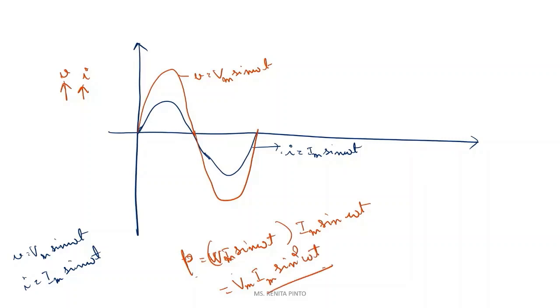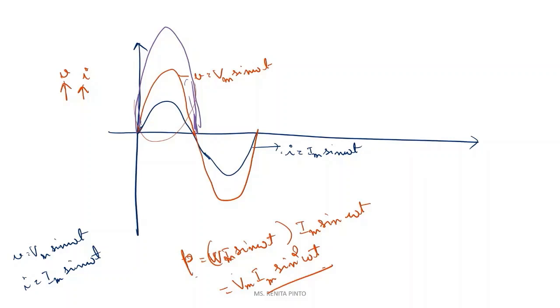So now the power we are going to find out is nothing but the product of the voltage and current. That means if you take the first half of the cycle, you can say this will be your power curve. Now again, in the next half cycle, although your current and voltage both are negative, negative into negative will be positive.